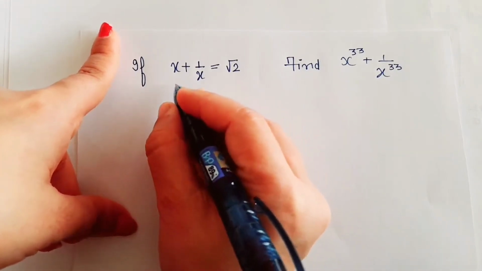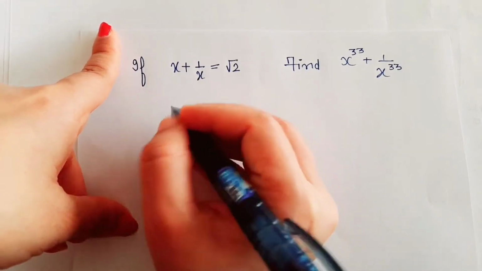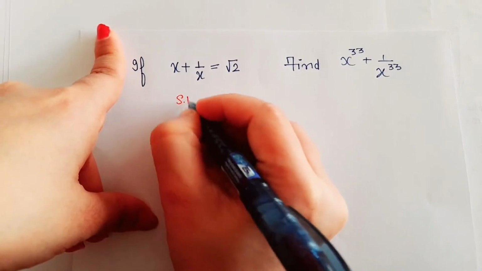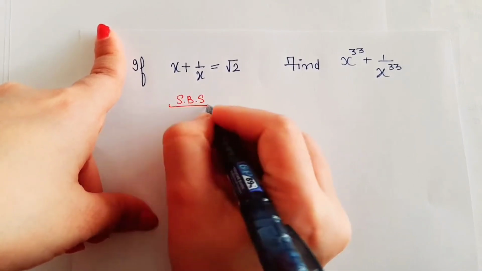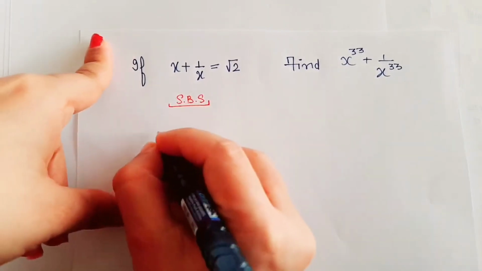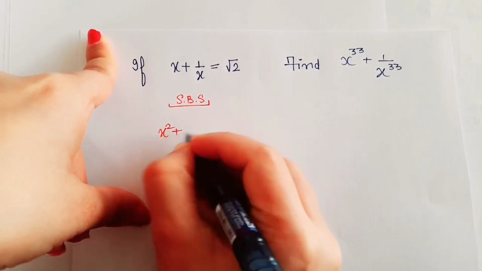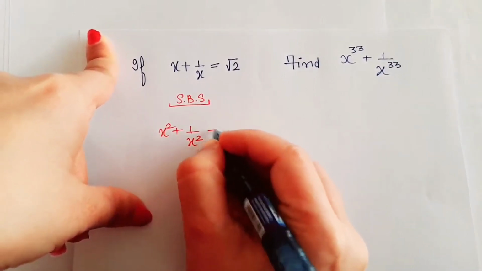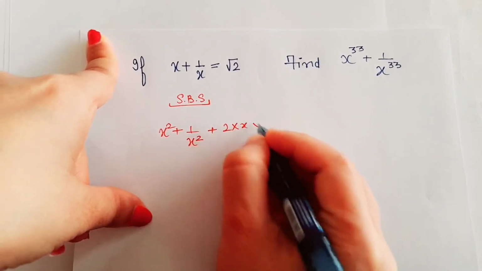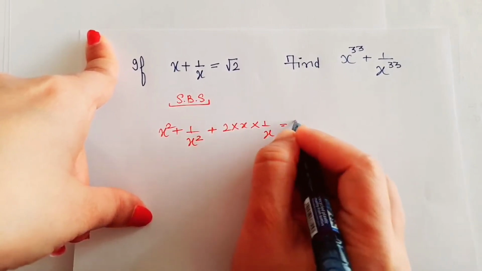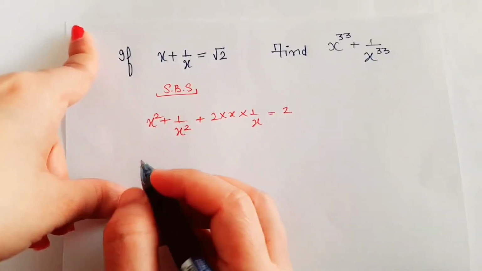We have x plus 1 by x is equal to root 2. If we square both sides, what we will get? We will get x square plus 1 by x square plus 2 into x into 1 by x is equal to 2. Okay.